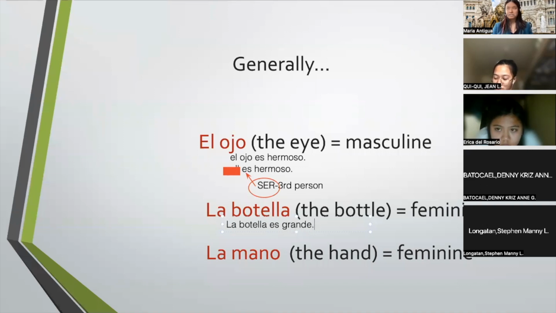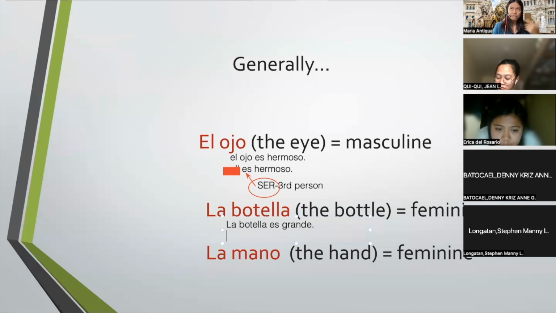The bottle is, what is grande? Big. Big. Okay, good. So how do I use the pronouns here? Which pronoun? Feminine, which is la.